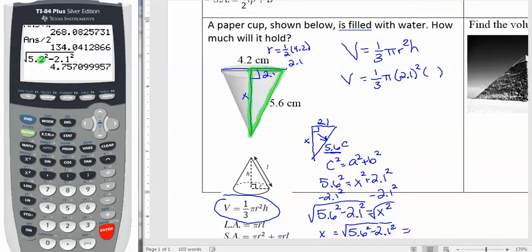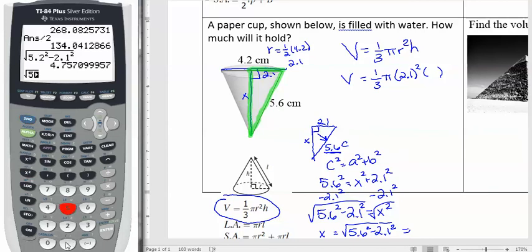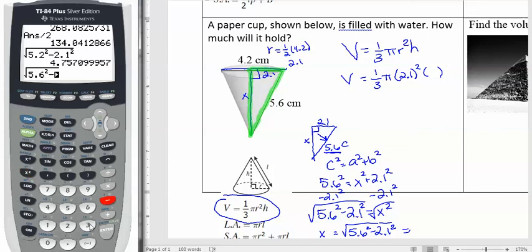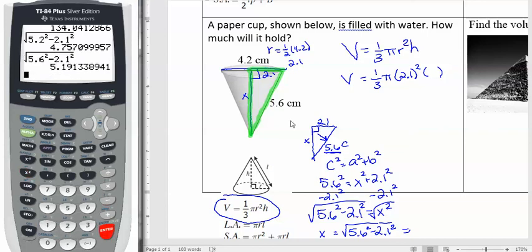It's not a 5.2, it's a 5.6. So just like you, I make mistakes. But luckily I looked at it because I wanted to make sure all the numbers are right. I try to double check myself. You should always do that. 5.6 squared minus 2.1 squared. And then what do I get? 5.2.